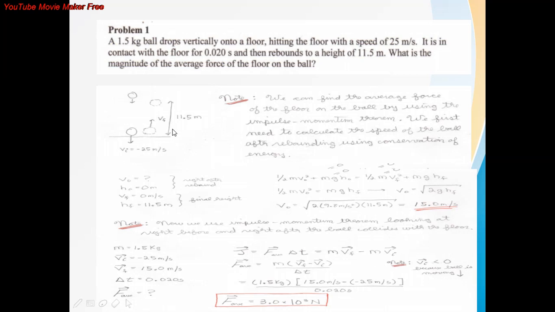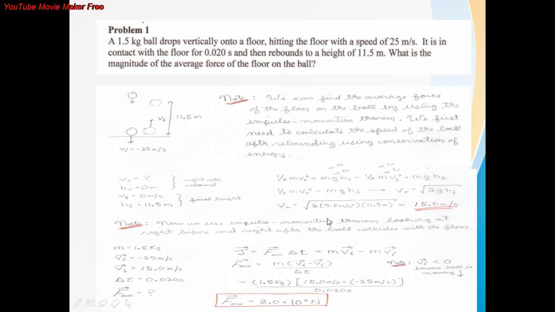The h naught is equal to 0, so m g h naught will be 0, and vf is also 0, the total velocity at this point is 0, so 1/2 m vf squared equals 0 plus m g hf, where hf is 11.5 meter. So then we get 1/2 m v naught squared equals m g hf, and so finally v naught equals root 2 g hf. When we calculate this, we get 15 meter per second.